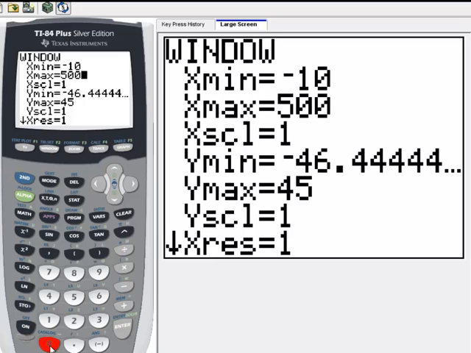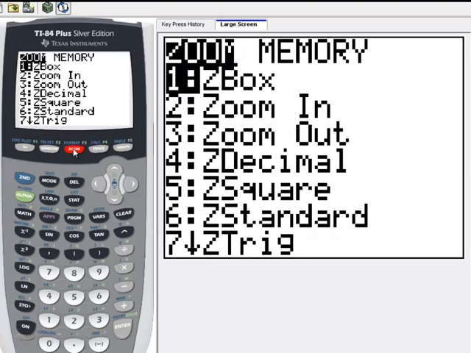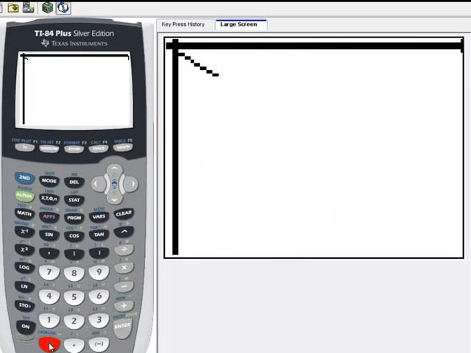Now, this alone will end up giving us an intersection that's off the display, almost certainly. So also, let's try doing a zoom fit at the same time. Zoom 0. Let's see what happens.